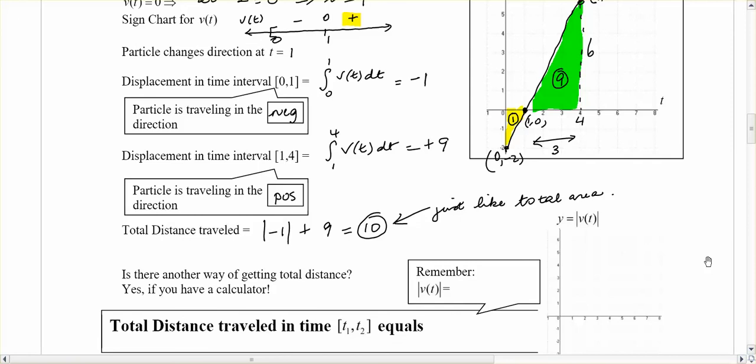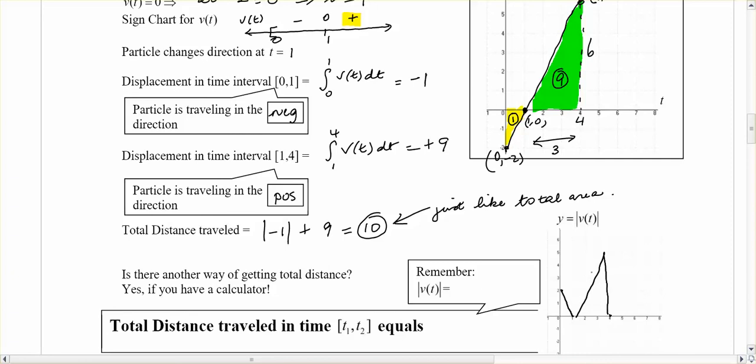And that is to consider the absolute value of the function. So if I have the absolute value of v of t, remember what it looks like. It means I'm going to flip any area that's below the x-axis so that it's now above the x-axis.